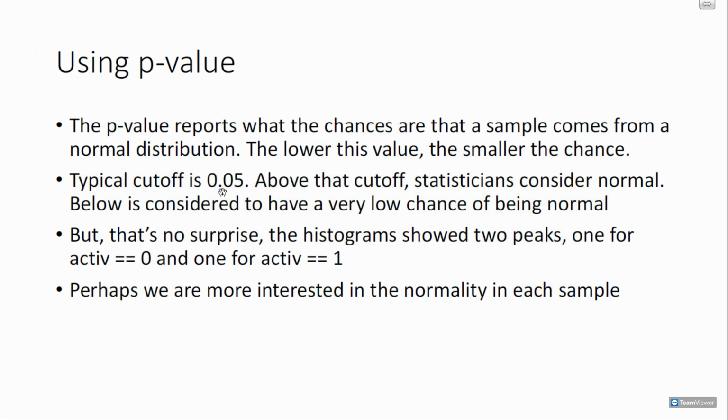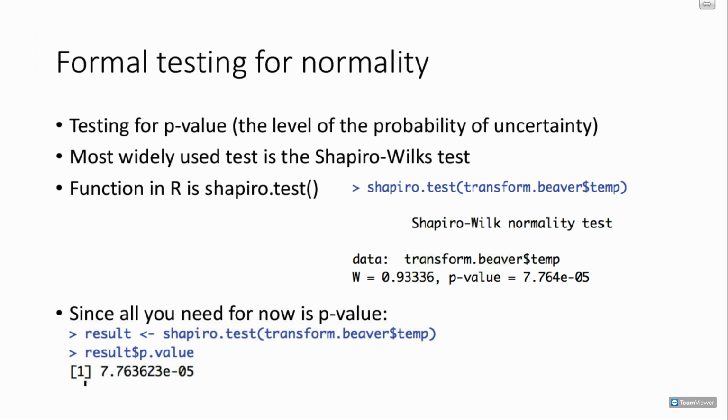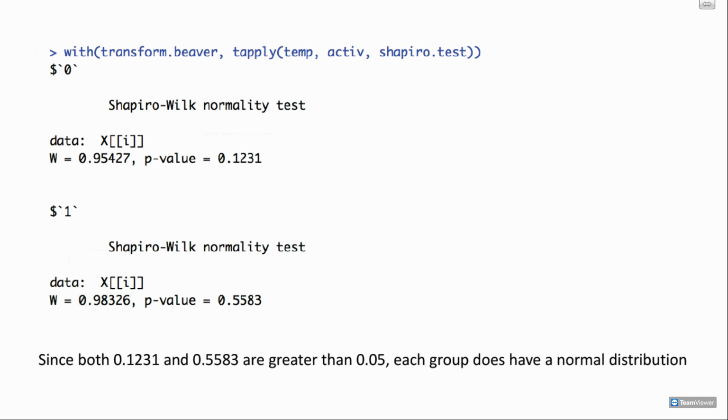We usually use 0.05 as the cutoff for most tests in statistics, and so even for this. According to this test, the data is not normal because we have a very small p-value. We want the p-value to be over 0.05.